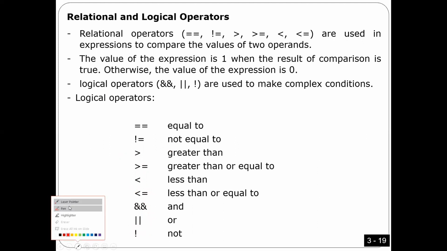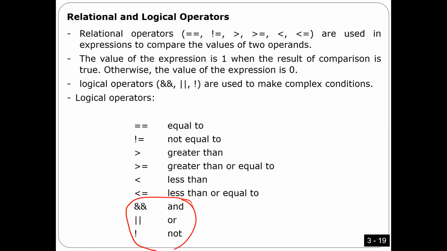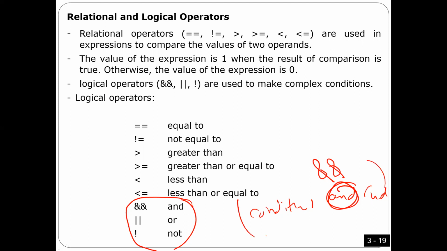But how is this and different from the and I explained before? Completely different. Again, these are used for conditions. So I can put condition one and condition two, and here is a double ampersand. If it is double, that means this statement is true if the two conditions are true.